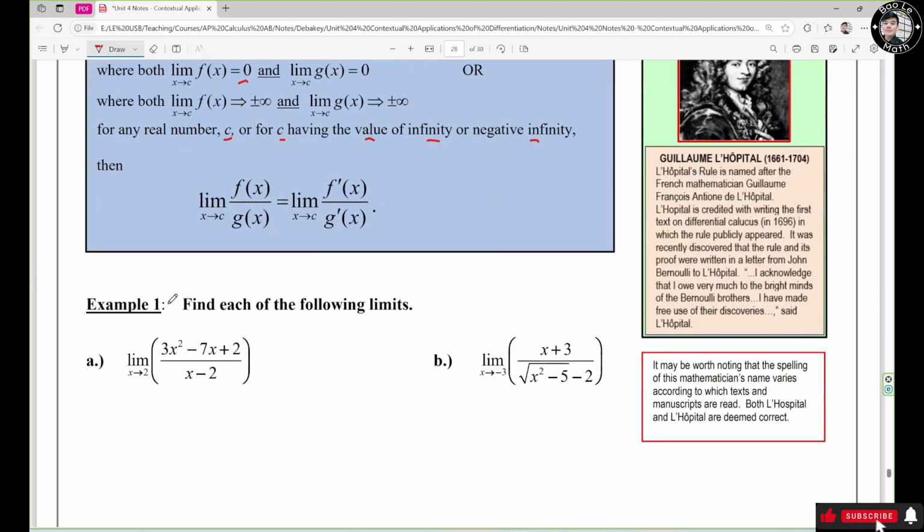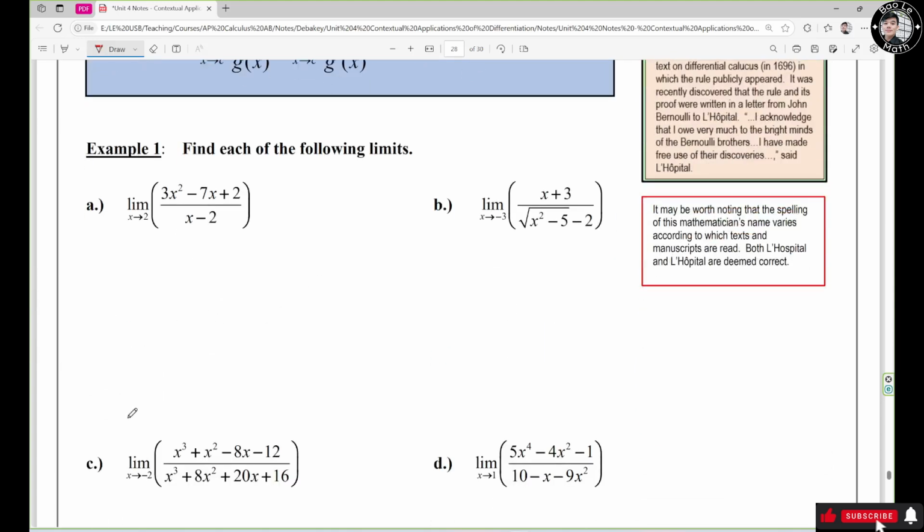Now let's take a look at the first example. Find each of the following limits. So what you need to do is find the limit of the numerator and denominator separately, right? So I have the limit of 3s squared minus 7s plus 2 when s approaches 2, it's going to be 0, right?